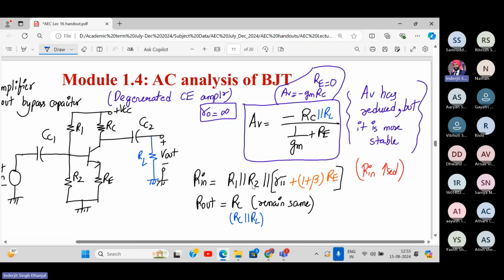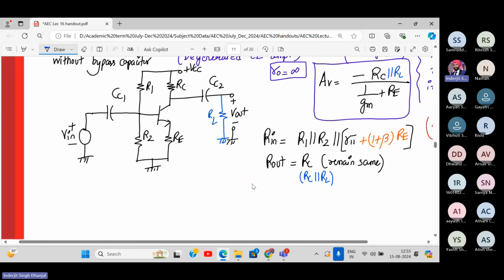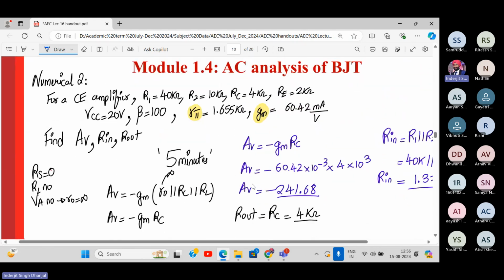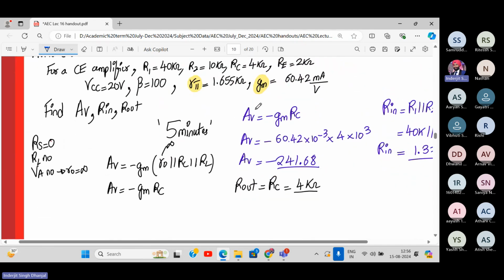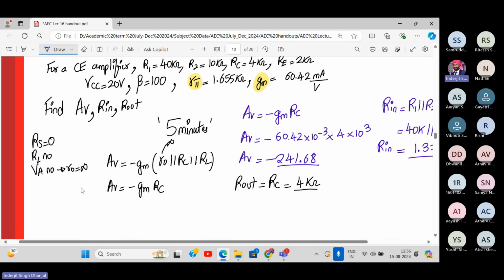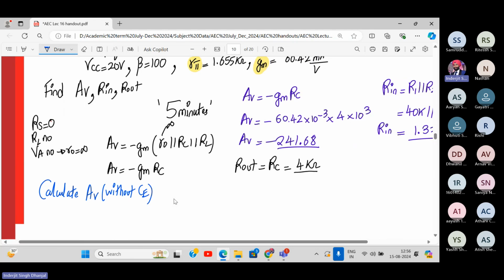Okay. Now from the above numerical, I'll show you the derivation in a bit. In the above numerical, you calculate AV here only. Calculate AV without CE, without coupling capacitor CE. So what will be the formula over here? Anyone? Let's take some numbers and do it.